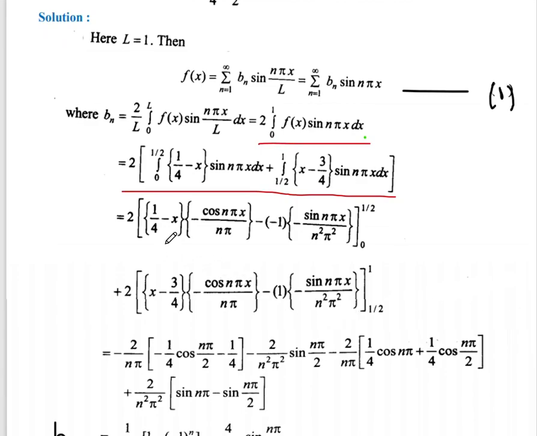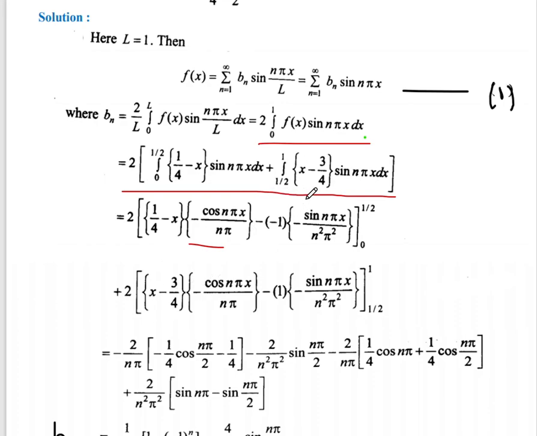The first function into the integration of the second function, that is 1 by 4 minus x times minus cos n pi x divided by the coefficient of x, that is n pi, minus the derivative of this term, that is minus 1, into the integration of this term, that is minus sin, minus the integration of cos n pi x upon n pi, that is sin n pi x divided by n pi, and this n pi, so this can be written as n square pi square, and the limits are 0 to 1 by 2, plus 2 times multiplied to this integral.